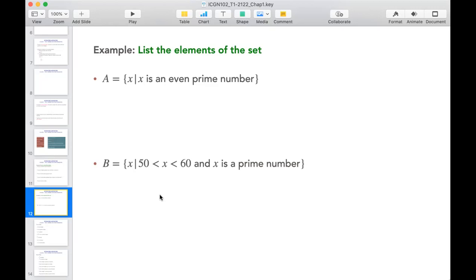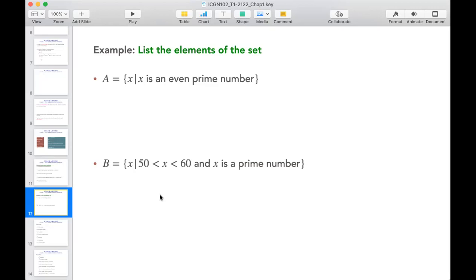So what about the next one? The next example, B is a set of x, where x is greater than 50, and x is less than 60, and x is a prime number.